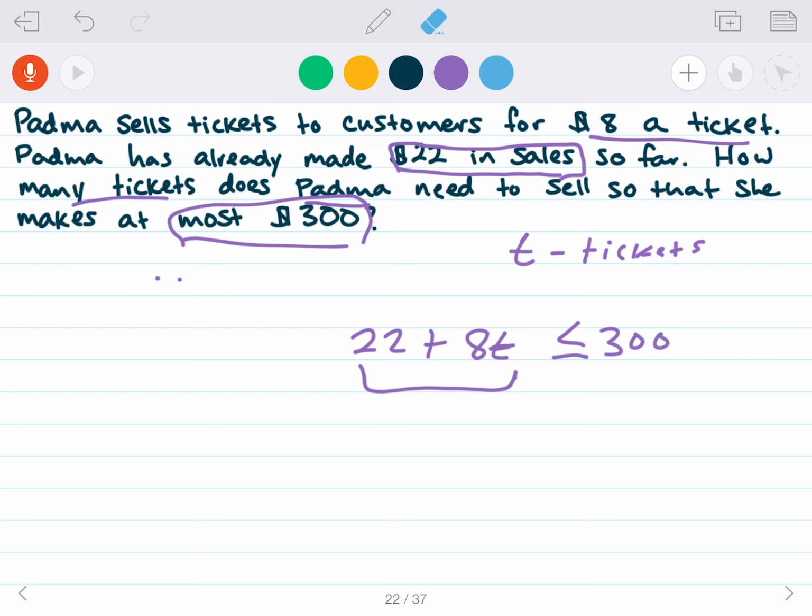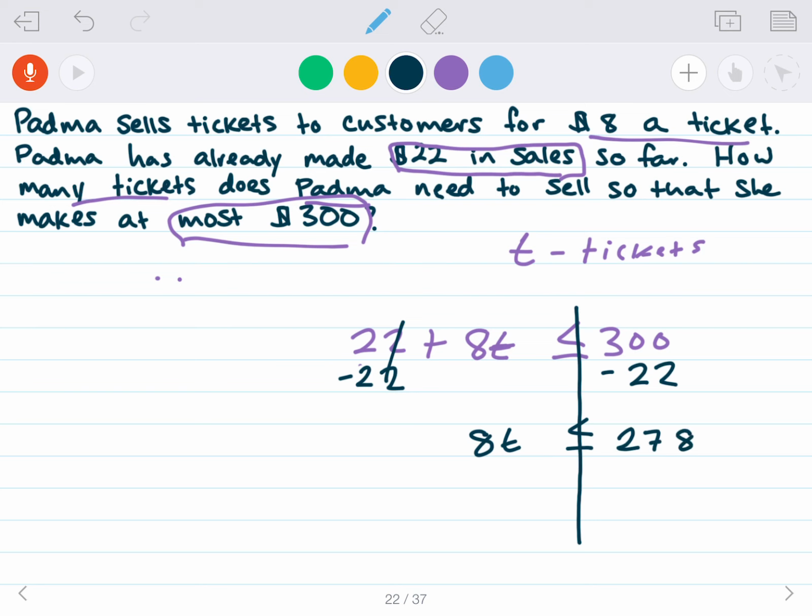Okay? And so we set it up. Now we just have to solve it. So let's go ahead and subtract 22 from both sides. And we get 8t is less than or equal to 278.